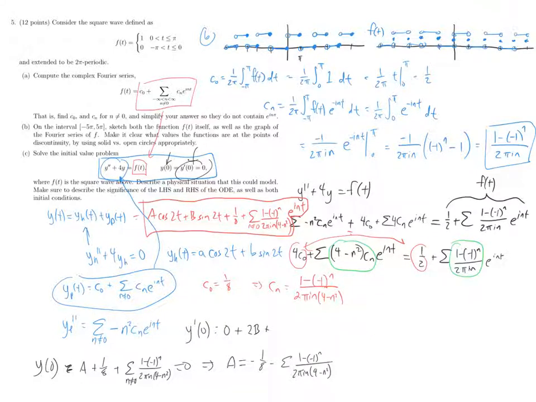And then the 1/8 goes away, and now the derivative of this, the i n, pulls out. And so you get the sum of 1 minus negative 1 to the n divided by the i n pulls out and cancels. So you get 2 pi times 4 minus n squared equals 0. And now that tells us what b is.